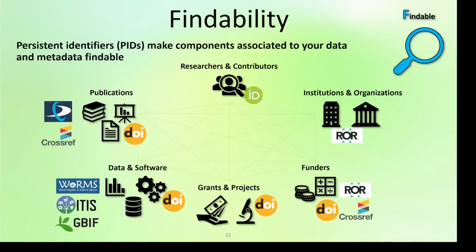Funders can be referred to either by ROR ID or the Crossref Funder DOI. So also funders are identifiable, findable, and assignable to data sets, and this helps a lot. And also grants actually sometimes can get a DOI, so that your data set and the publications can be referred to a specific grant or award or a specific project.